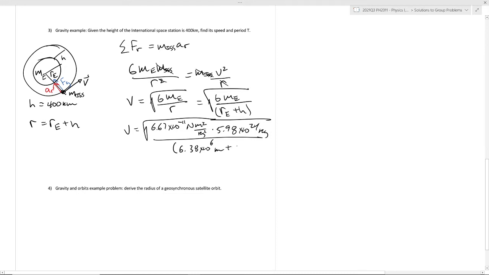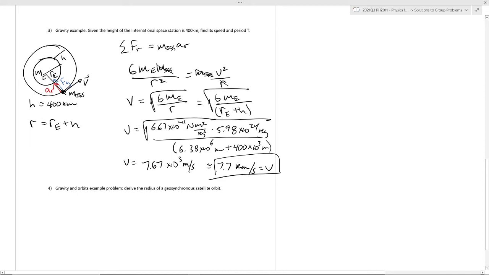And then we're going to add to that the height. The height was 400 kilometers, so 400 times 10 to the third meters. So we have everything in our base units. You crunch these numbers, you'd find that the speed is about 7.67 times 10 to the third meters per second, i.e. it's about 7.7 kilometers per second, which is pretty wild.